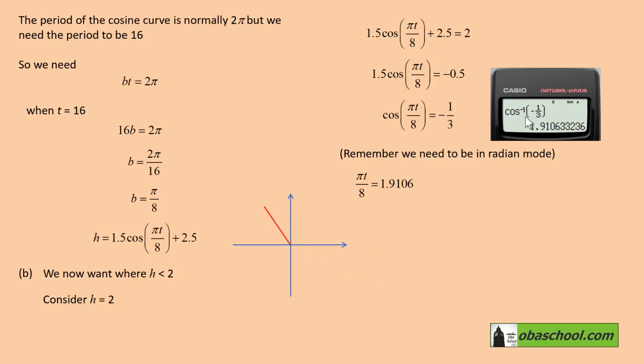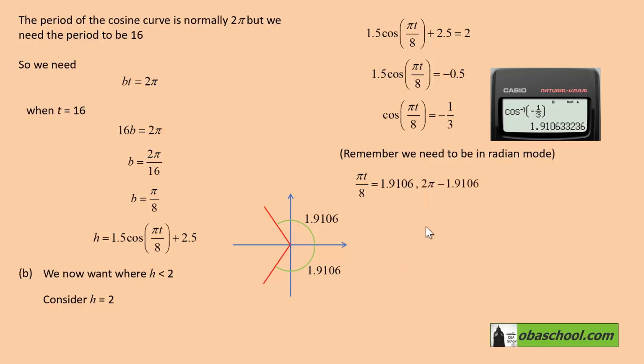And I know that just because the cosine is negative 1/3. So that means the principal value is in the S quadrant. I don't necessarily know 1.9106 is in that quadrant straight away. So that's that angle there. And remember, it's a cosine, so the other one will be symmetrically down here in the T quadrant.